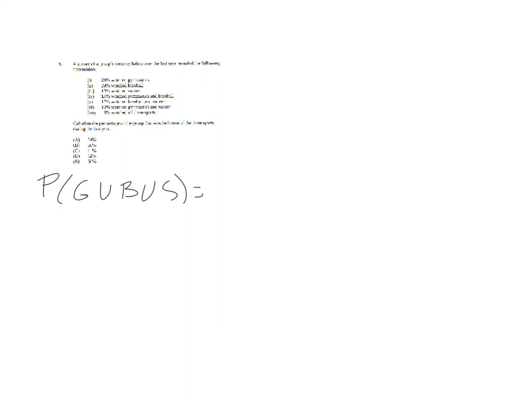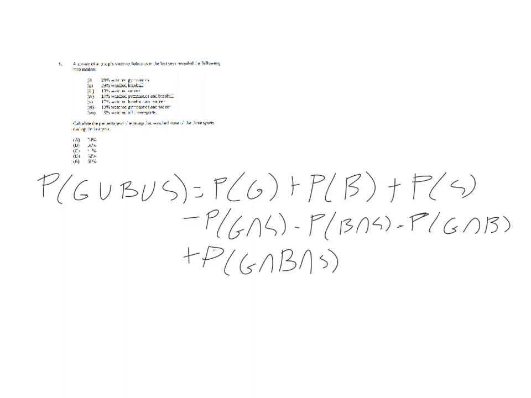then the probability of G union B union S, G for gymnastics, B for baseball, S for soccer, would be the probability of watching gymnastics plus the probability of watching baseball plus the probability of soccer, minus gymnastics and soccer, minus baseball and soccer, minus gymnastics and baseball, and then plus the intersection of all three, which will give us the following numbers.